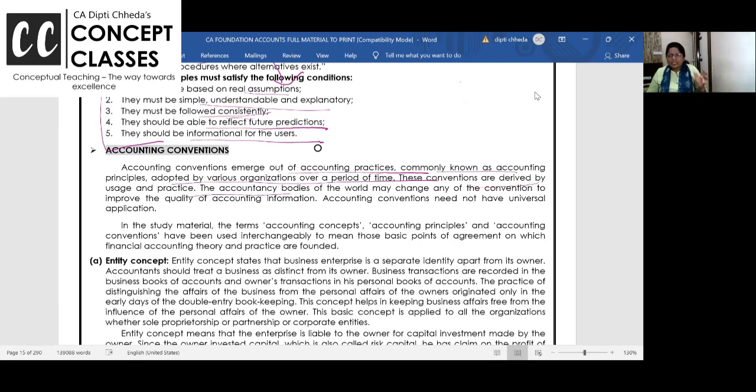So there are certain principles of life we follow customarily, traditionally. Same way, certain fundamental concepts of accounts, which are customary, traditional, are to be followed. Accounting conventions need not have universal application. True. So accounting concepts, principles, and conventions have been discussed.